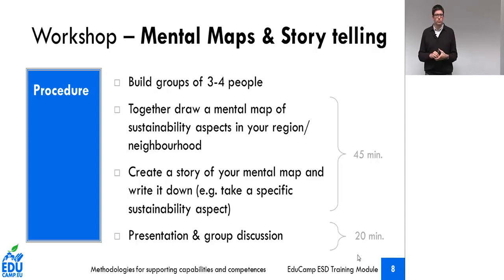Then follow up within the group by creating a story of your mental map and writing it down. Take a specific sustainability aspect of it and write down this story.